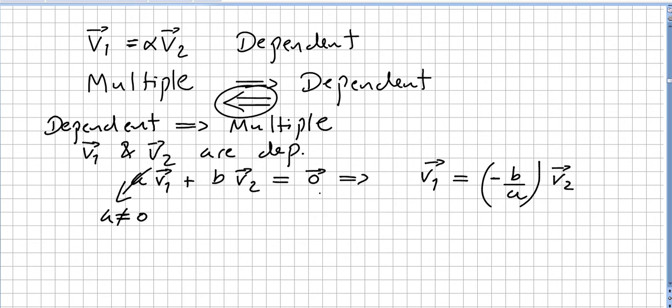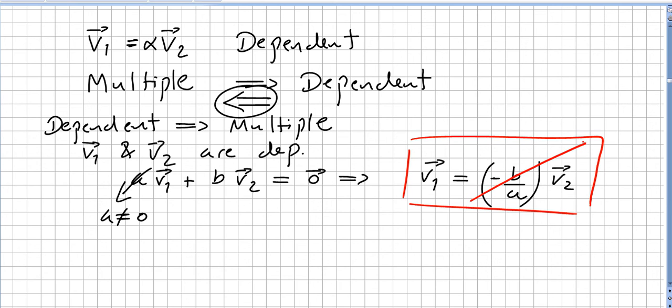Well, this means that they are multiples. So if they are dependent, that means they are multiples. So it's proved on this side.